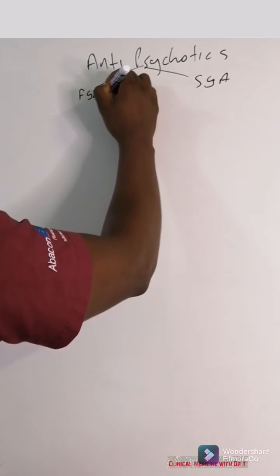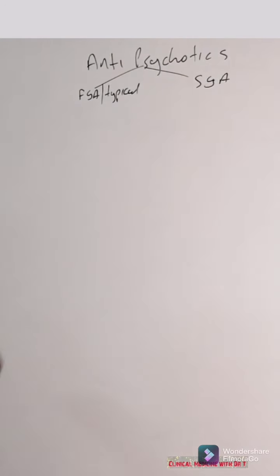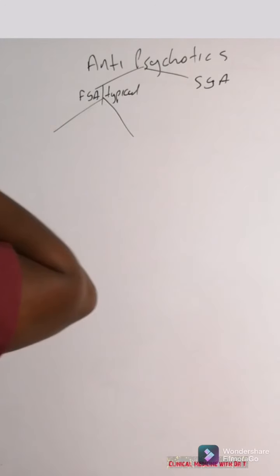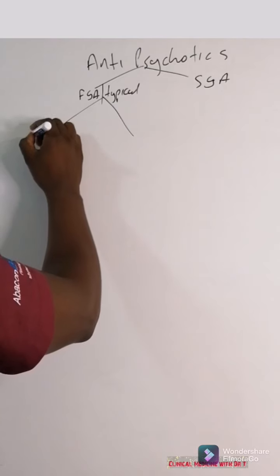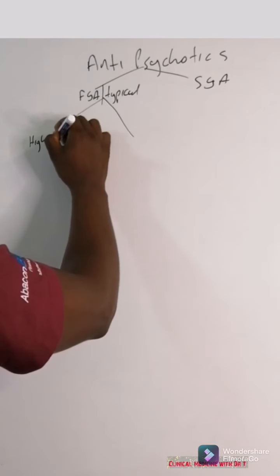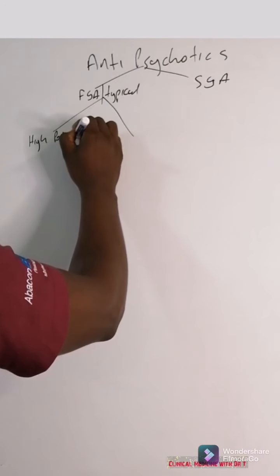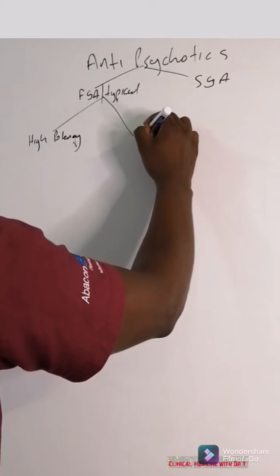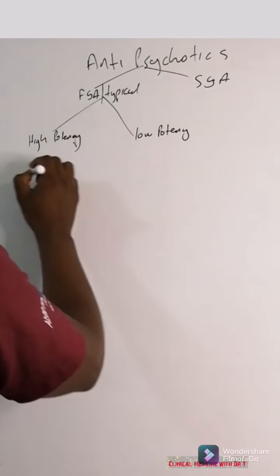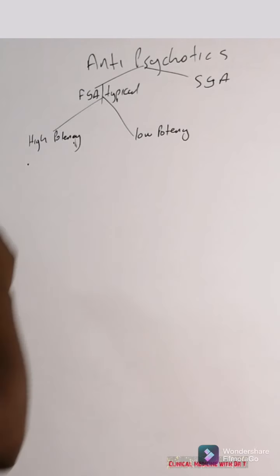We did say that the first generation are also called the typical antipsychotics, and the typical antipsychotics are further divided into high potency and low potency.